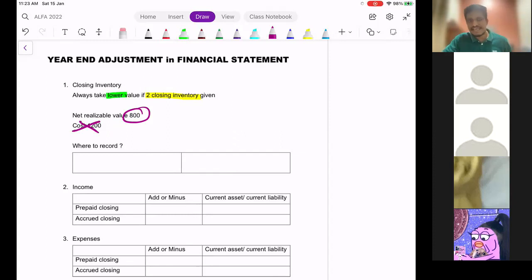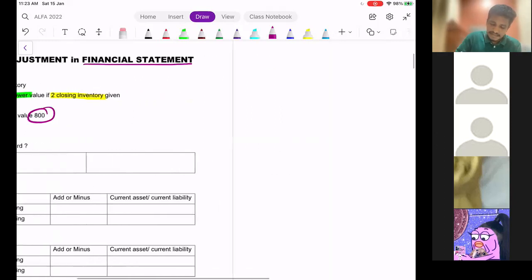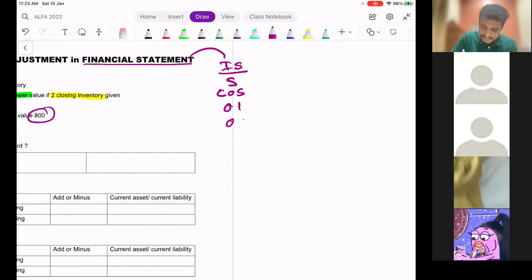Okay, where will this closing inventory be recorded? Normally in a financial statement, we record it in two places. Before that, let me clarify the financial statements. In the income statement, we have sales or revenue, cost of sales, other income, and other expenses. These are the four sections in the income statement.